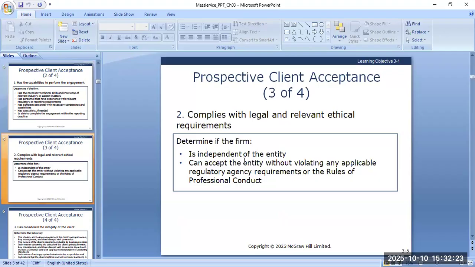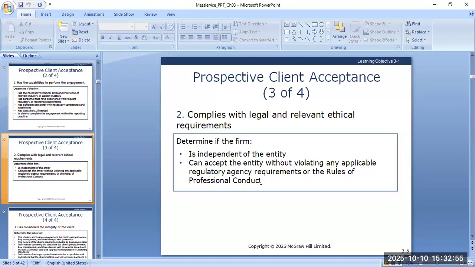And we're moving to the second one. We have to determine, are we independent of the company that we are about to audit? Do we have any relationship? Can we accept the company or the entity without violating any applicable regulatory agency requirement or rule of professional conduct?